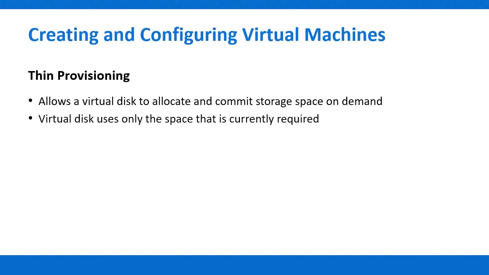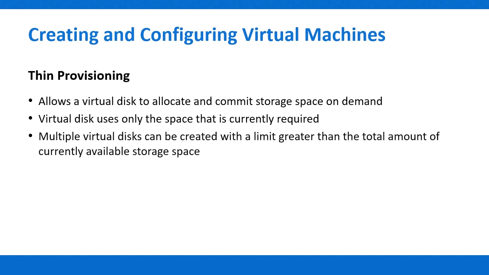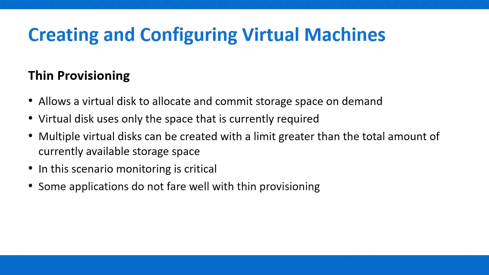So with thin provisioning, a company can create multiple virtual disks and then set the limits as greater than the total amount of currently available storage. This essentially allows you to overcommit the storage capacity. Now, obviously, in this type of situation, monitoring is going to be critical to control the actual disk usage. But if you configure it correctly, thin provisioning can save an organization time and money.